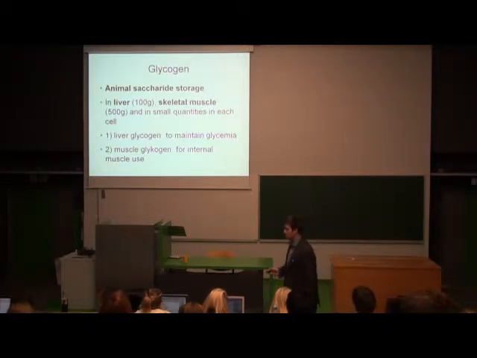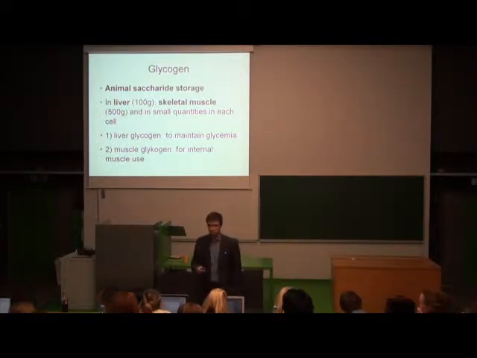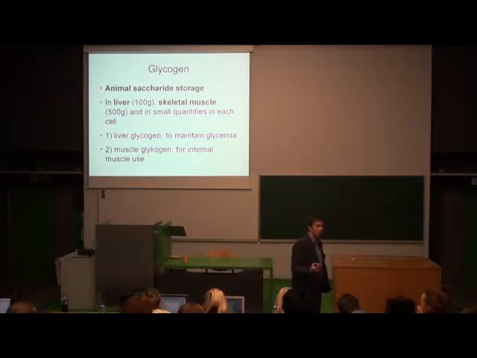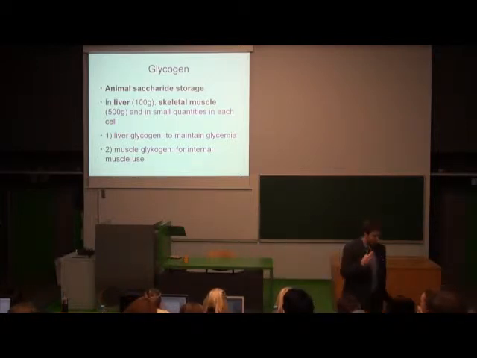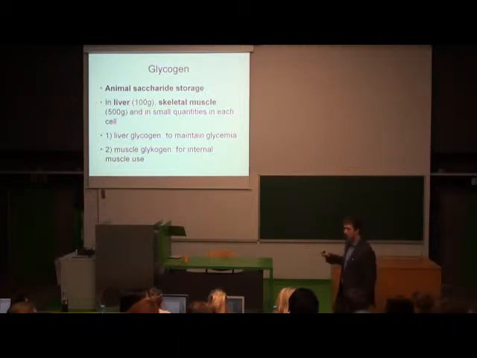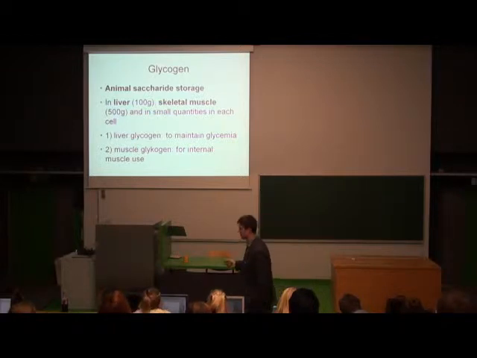And glycogen you can find only in animal cells, yes? What polysaccharide do we have in plants? Starch, yes? Their structure is similar. Also alpha 1 to 4, alpha 1 to 6 bonds, but glycogen in animal cells, starch in plant cells.